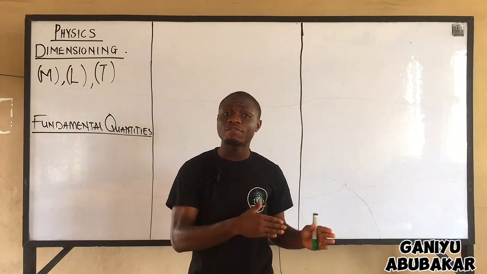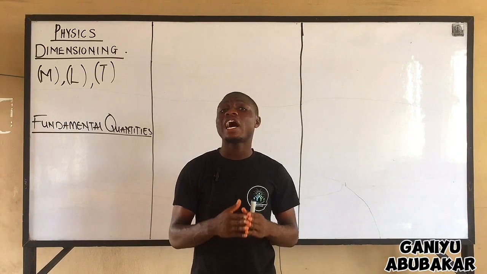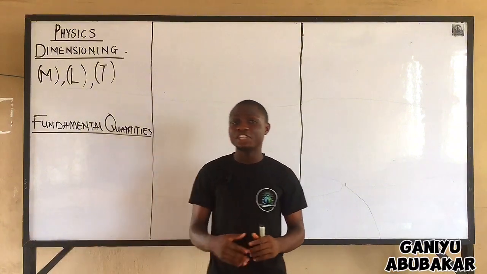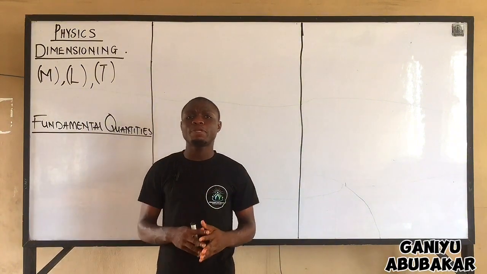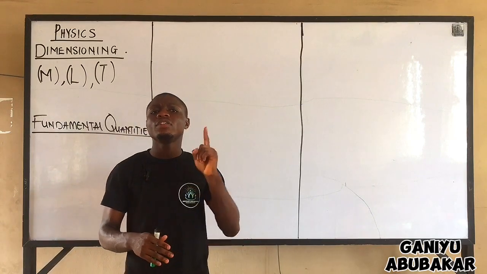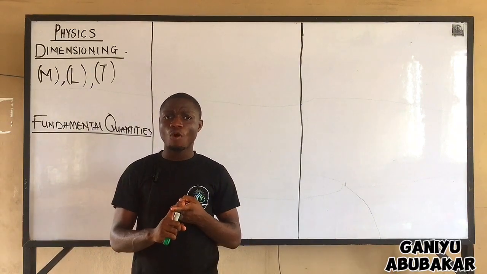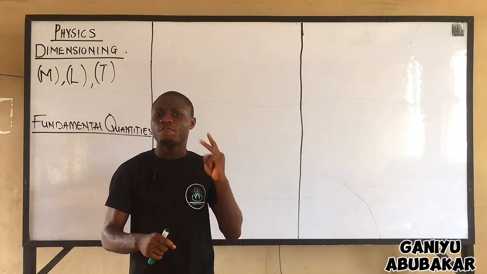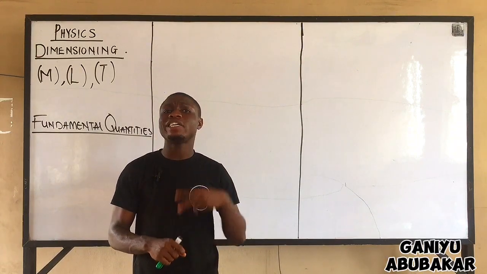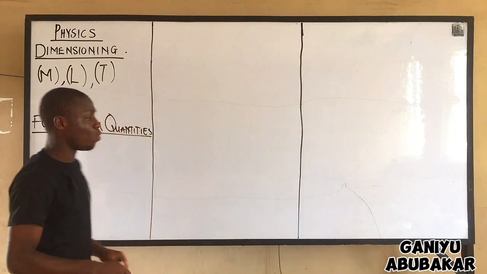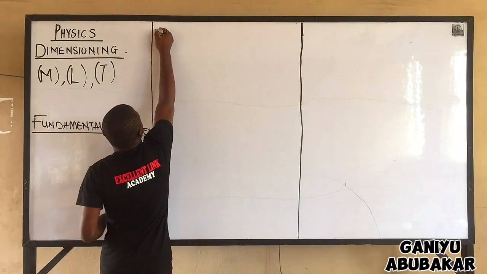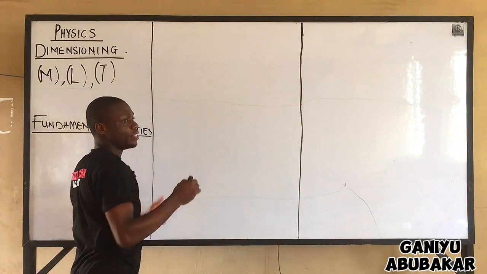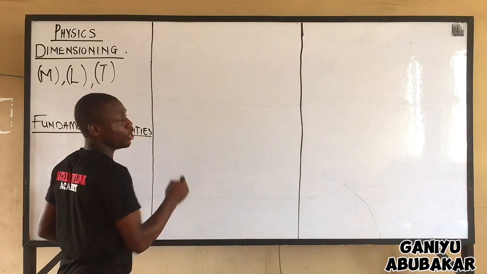There are about 7 fundamental quantities. As you can see, I'll be giving the table below. The fundamental quantities, fundamental units, and their symbols are given below.